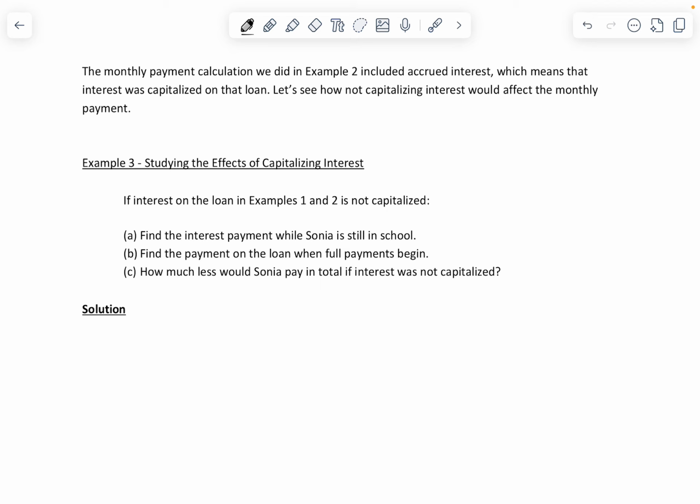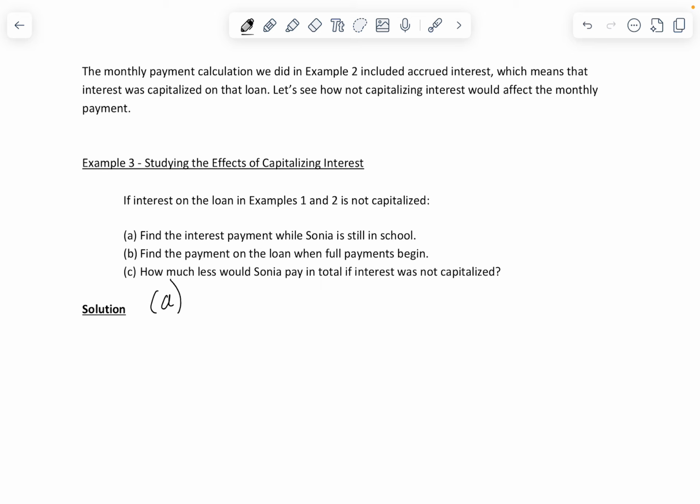Okay, so if interest on the loan in examples 1 and 2 is not capitalized, we want to find the interest payment while Sonia is still in school, find the payment on the loan when the full payments begin, and then we want to figure out how much less would Sonia pay in total if interest was not capitalized. Okay, let's take these one at a time. Part A, we actually already did this in example 1.